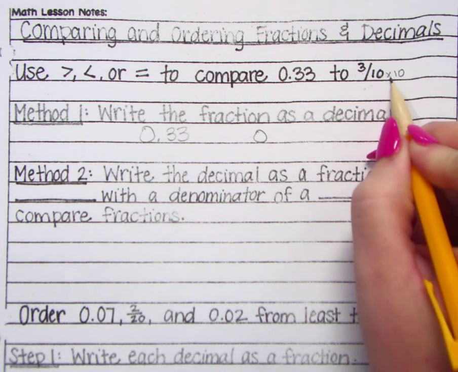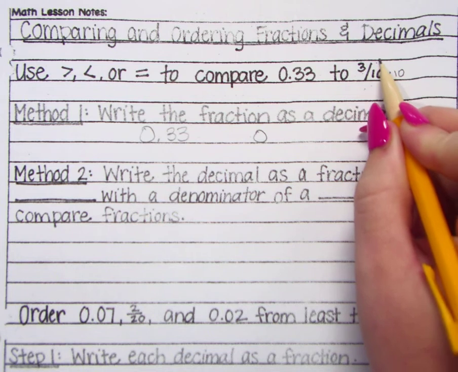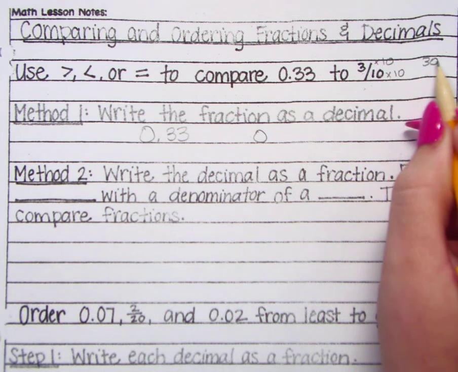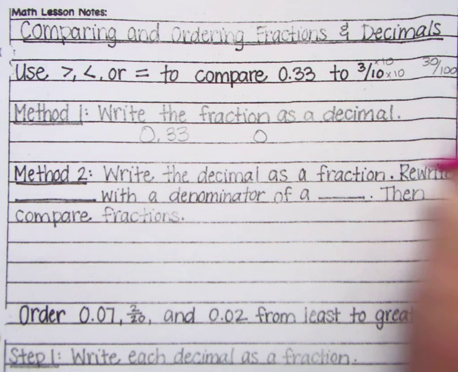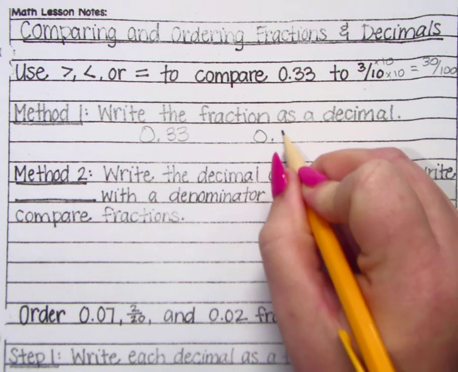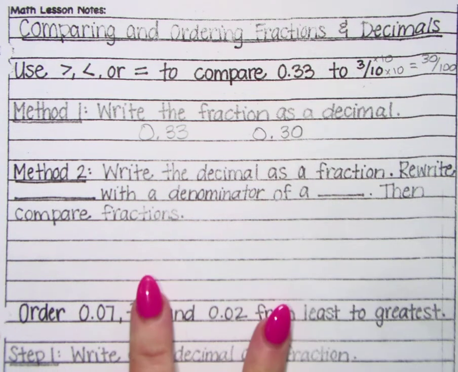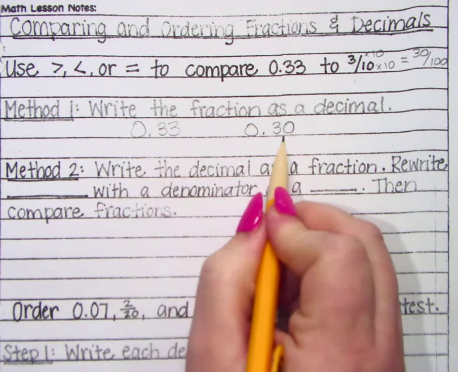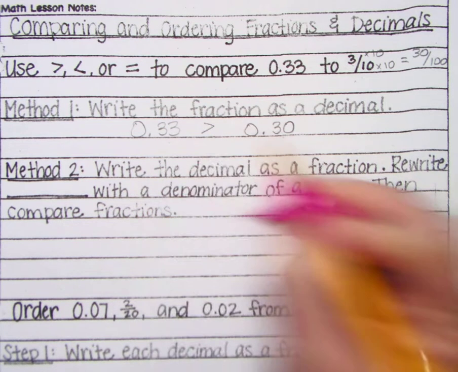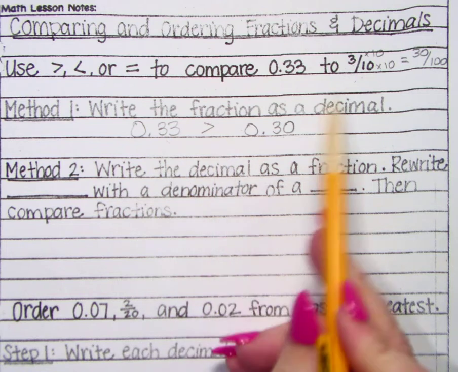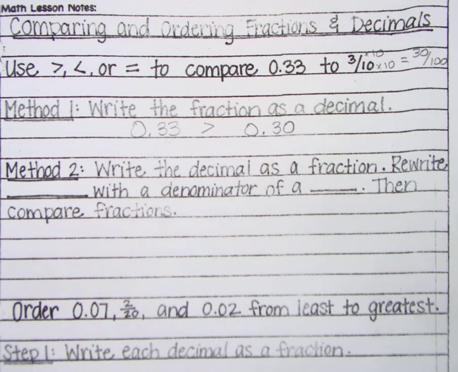If I do it to the bottom, remember I have to also do it to the top. So 3 times 10, and that gives me 30 hundredths. And then I write that as a decimal. So 0.30. And then I can see that 33 hundredths is bigger than 30 hundredths. So that tells me that 33 hundredths is greater than 3/10 or 30 hundredths.